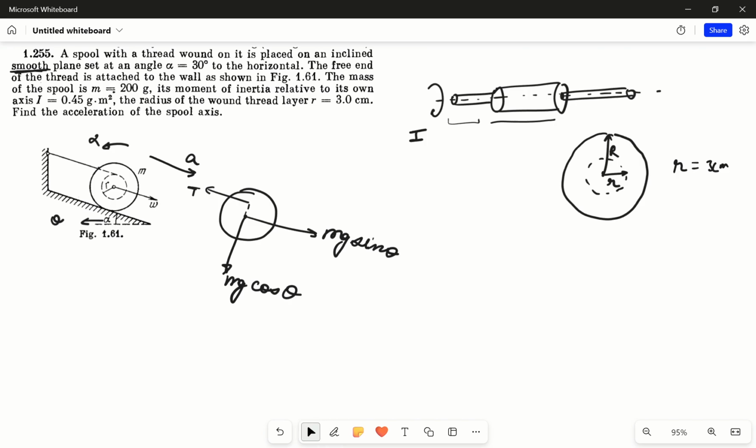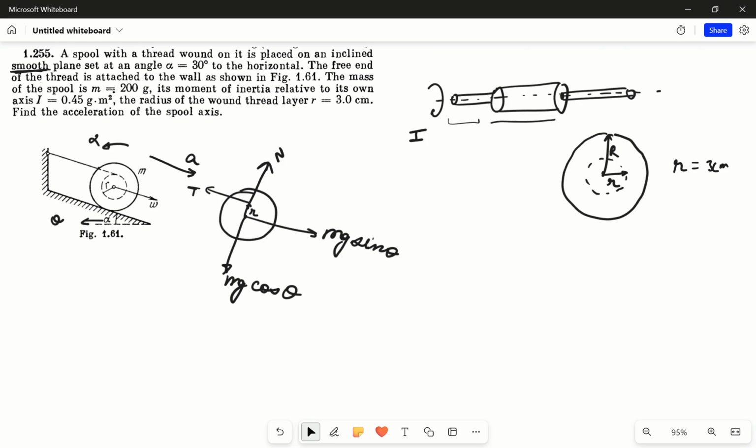Which would be at distance r, and there is no other force, right? And there would be a normal force in this direction which would be balancing the cos theta component of mg. So we have to just analyze in the plane that is parallel to the inclined plane, right? So these are the forces that are acting on the spool.